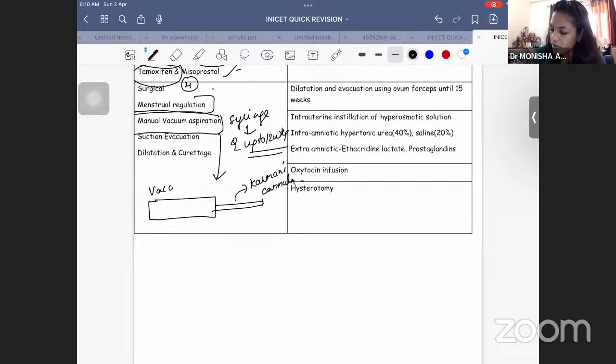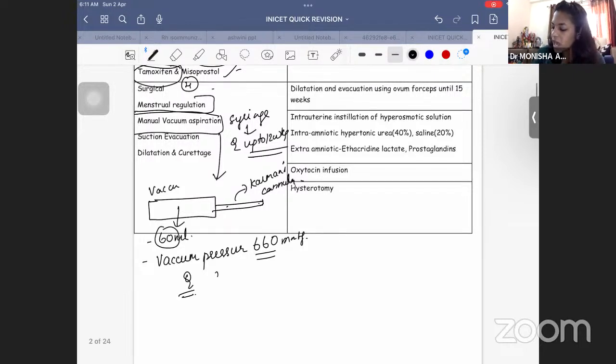The syringe capacity is 60 ml. What is the vacuum pressure that is created inside this? Remember 60, just add one more 60: 660 mmHg. It is fitted with a Karman's cannula, and it's a handheld syringe.